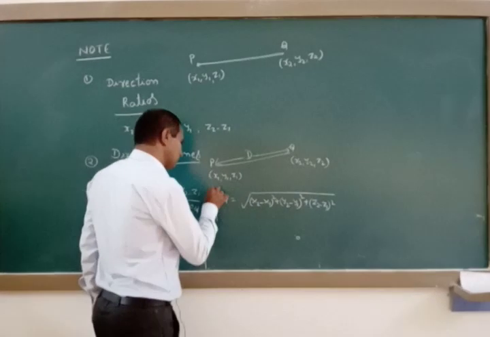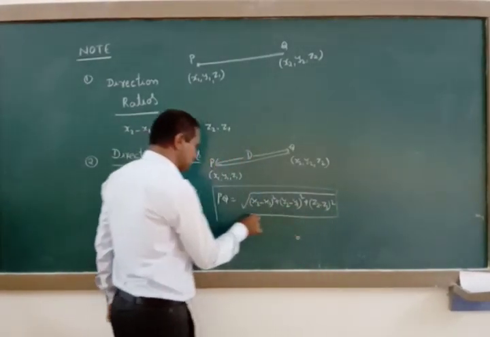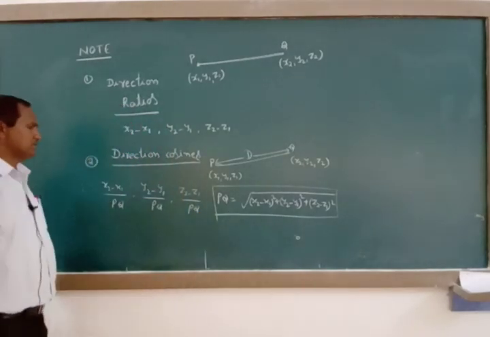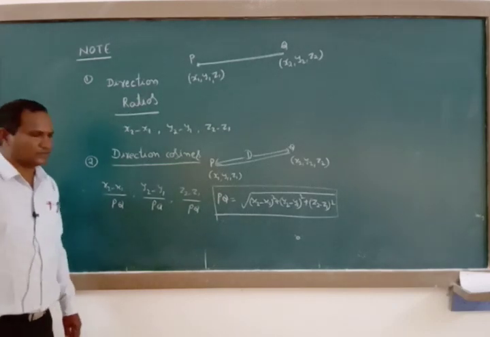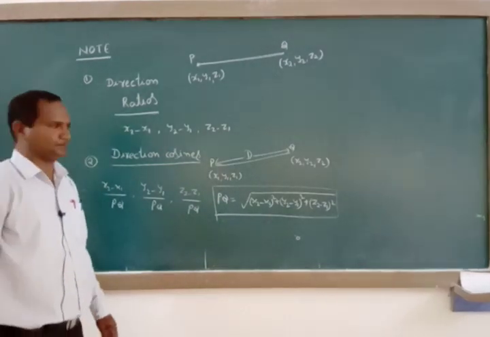It is the formula to find the distance between the 2 points, because we need the distance to find the direction cosines of line segment PQ.